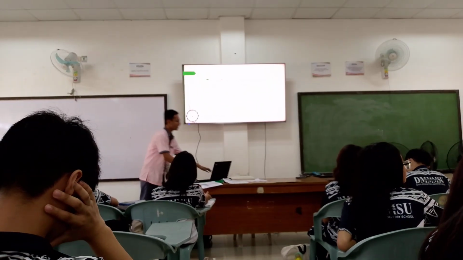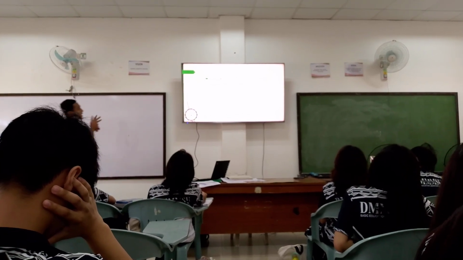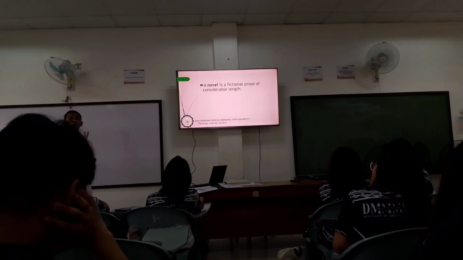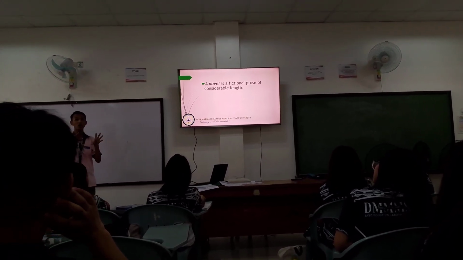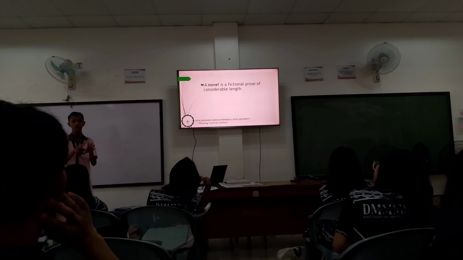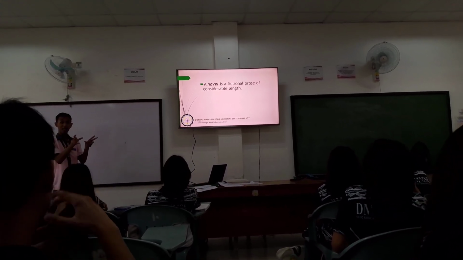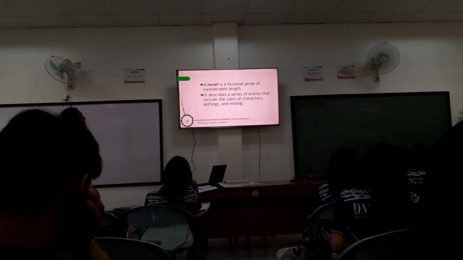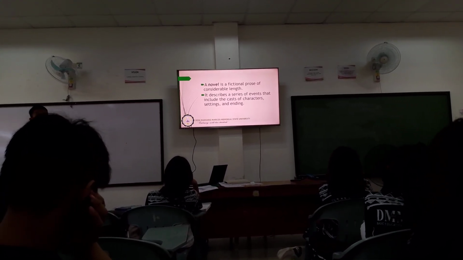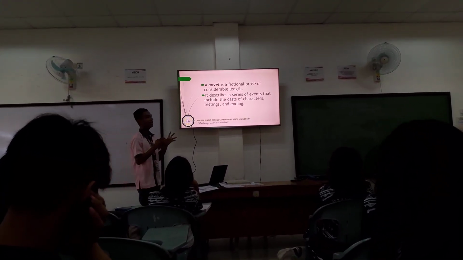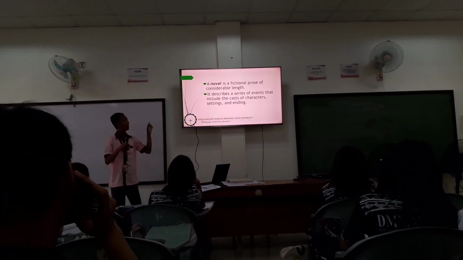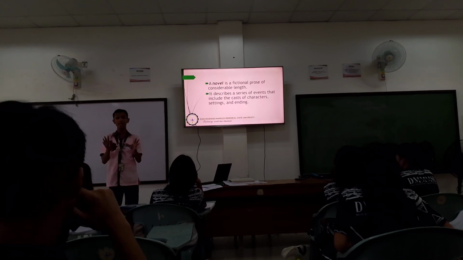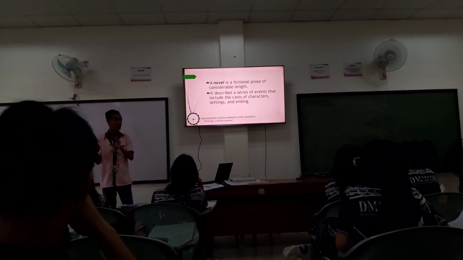Okay, when we say a novel has a considerable length, it means there are a lot of chapters in that story. So it is divided into chapters. Another definition: it describes a series of events that includes the cast of characters, setting, and ending. So a novel consists of different characters and setting, and of course the ending.